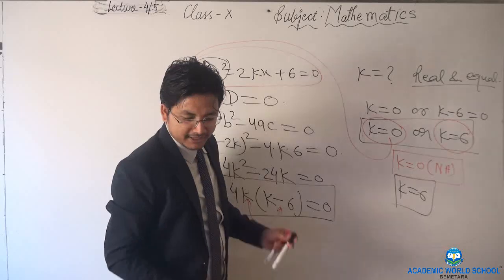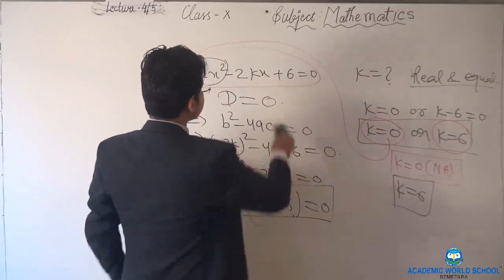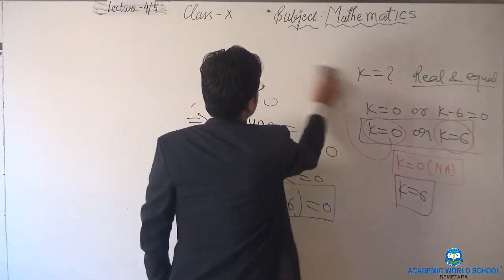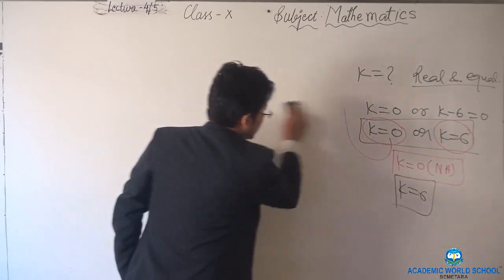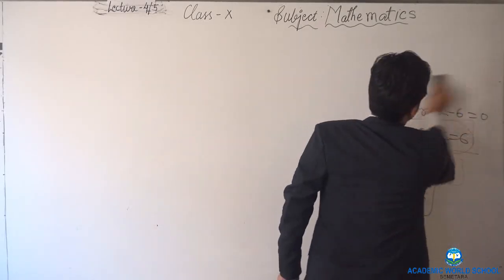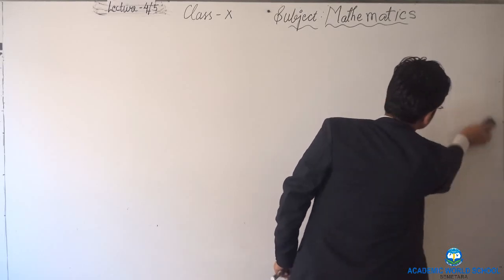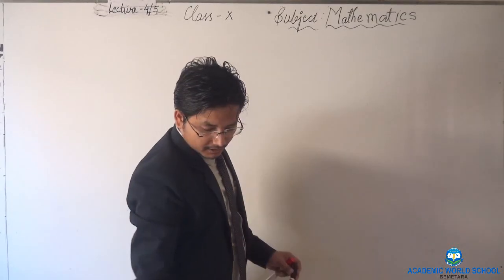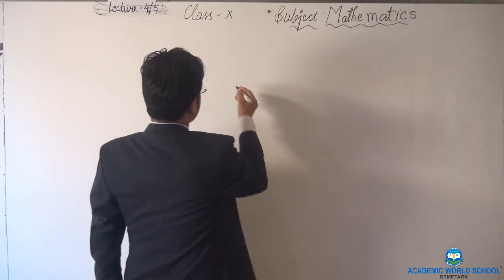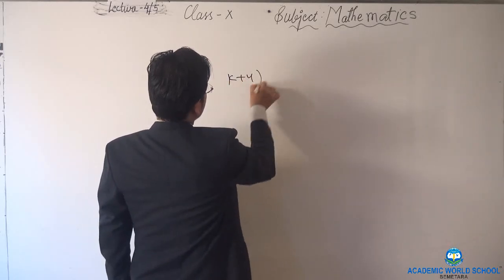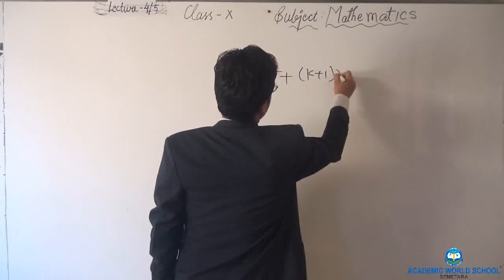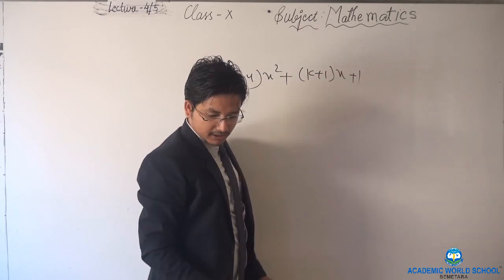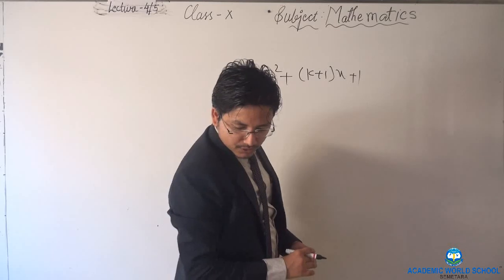Now we are going to take the next question. The next question is k plus 4 x square, k plus 1 into x plus 1, is equal to 0.